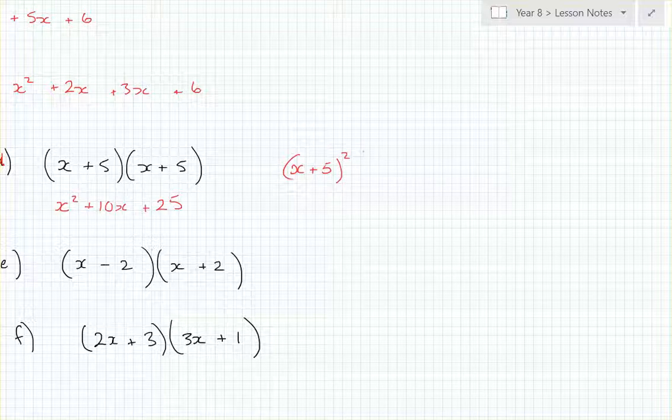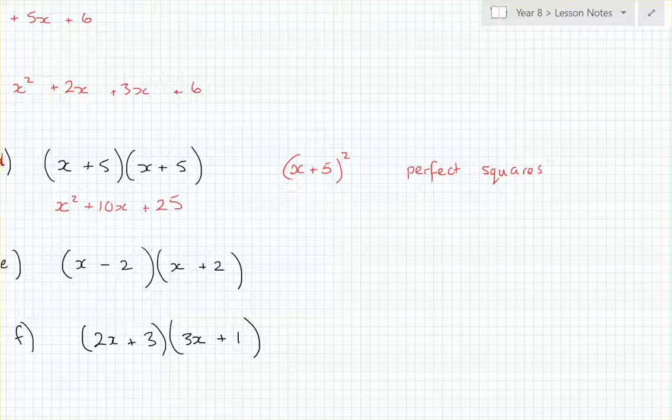Okay? Because when you multiply something by itself, you can just write squared. It means the same thing. Now this has a name that maybe you want to write down. These, when they're like this, are called perfect squares. Okay?